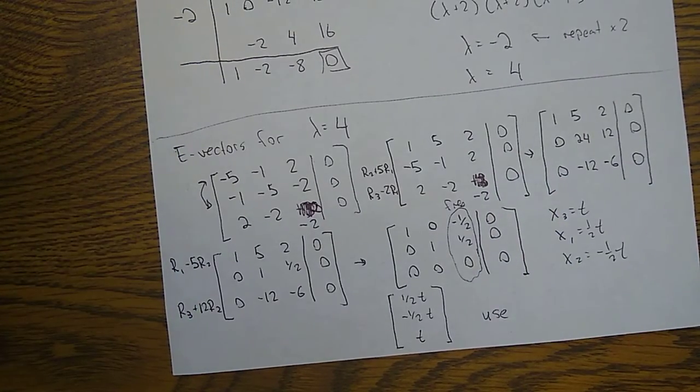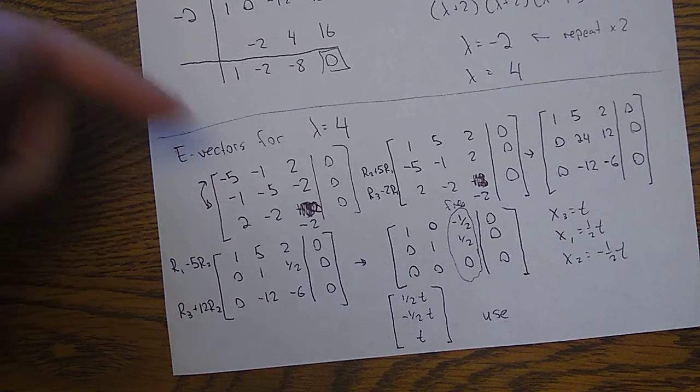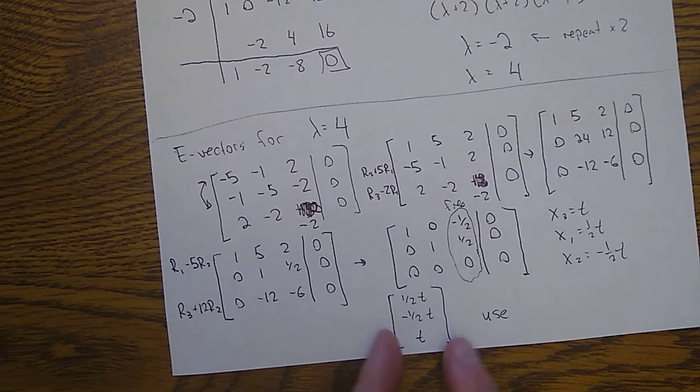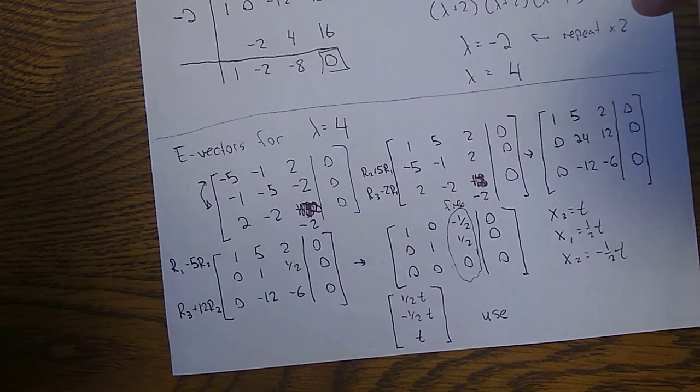Of course, I just want one eigenvector as far as I'm concerned here. If I wanted a basis for the eigenspace, I would pull the t out and get this one vector, and I would call that the basis for the eigenspace.